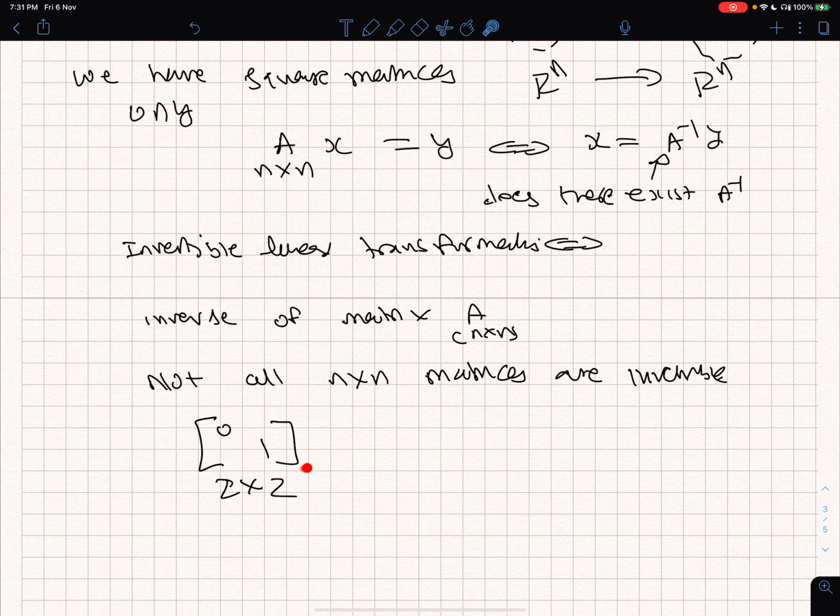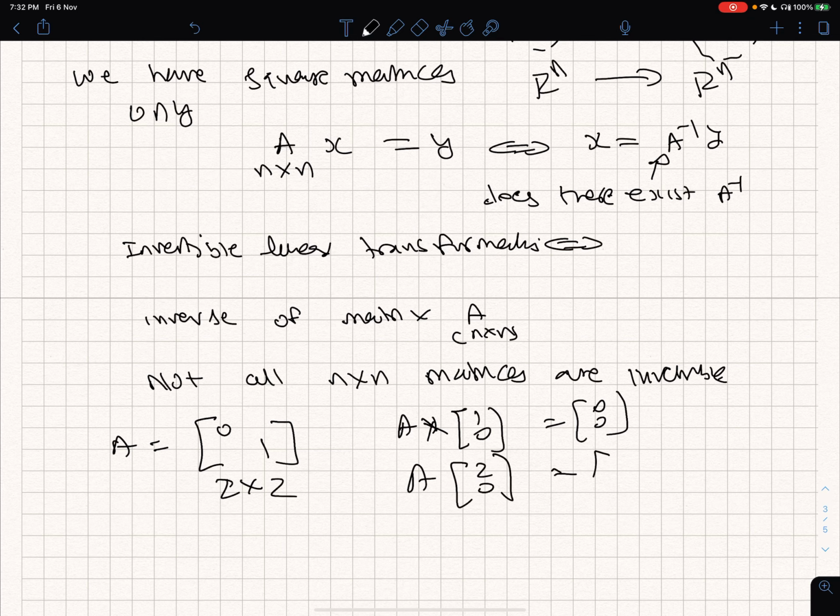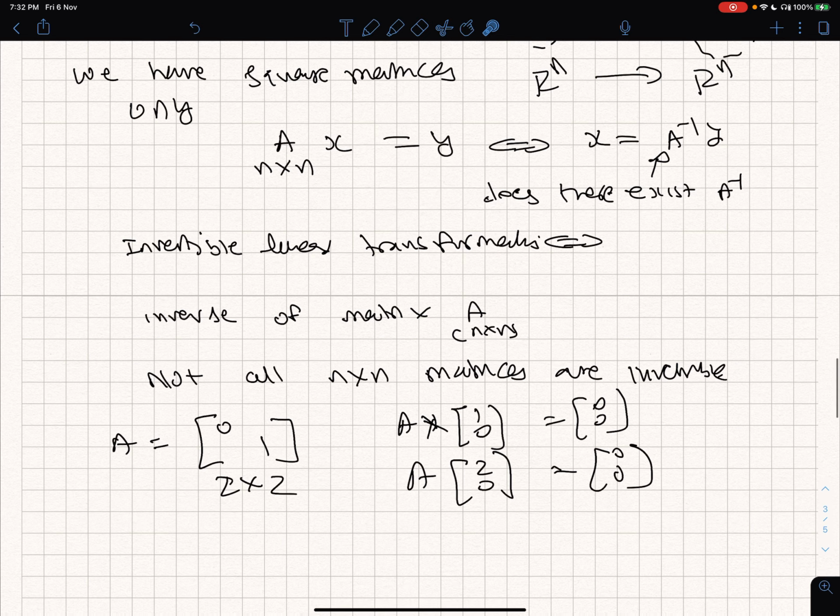Why is this matrix not invertible? Simple, because if you take the vector x which is 1 0, and multiply it by A, where does it go? 0 0. Now take a vector which is 2 0. Where does it go? 0 0. So given that this is a 0 0 vector, can you say which one it comes from? You cannot actually tell from where this vector came.